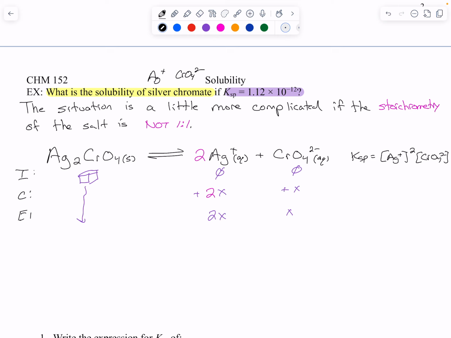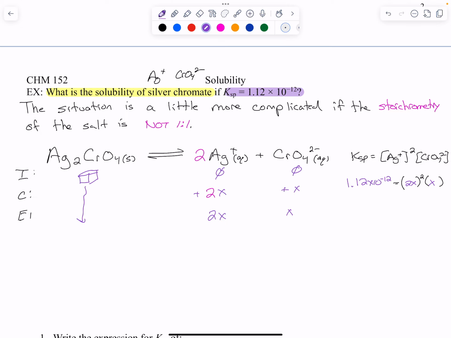And so if we plug these numbers in, we have 1.12 times 10 to the minus 12 equals 2x squared times x.